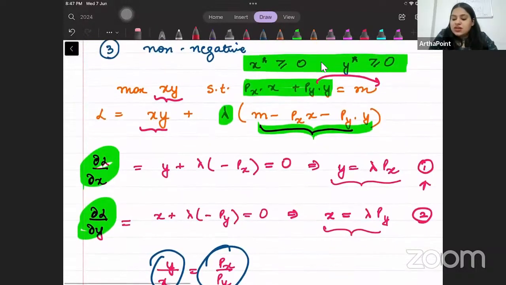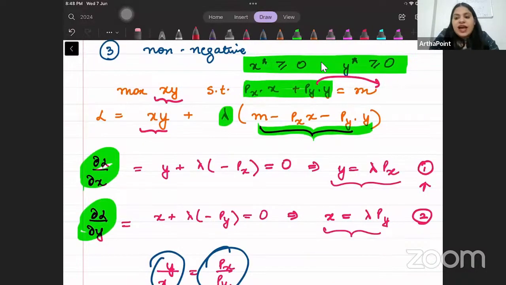Okay, so basically what we are doing is, Lagrange just says you differentiate and you equate it to 0, because whenever we maximize or minimize, we differentiate and we equate it to 0. So when I differentiated it with respect to x, whatever answer I got, I equated it to 0.